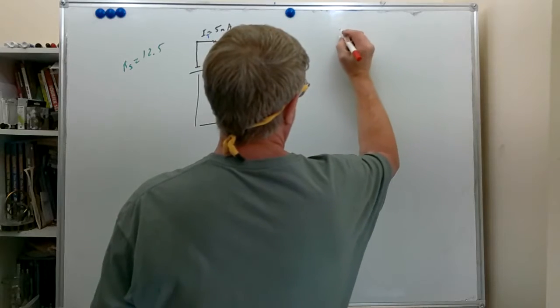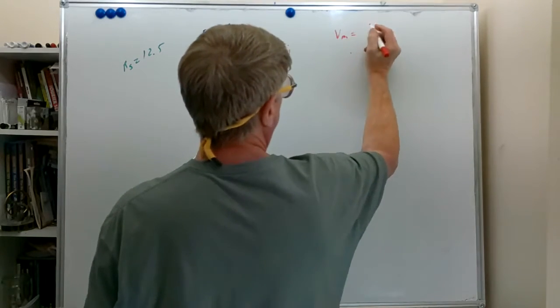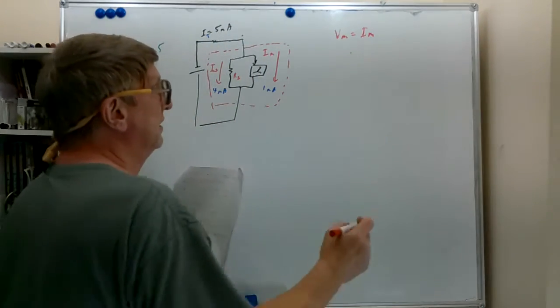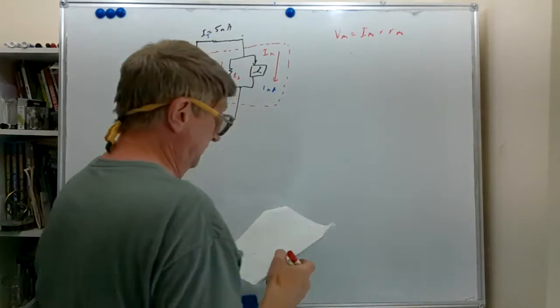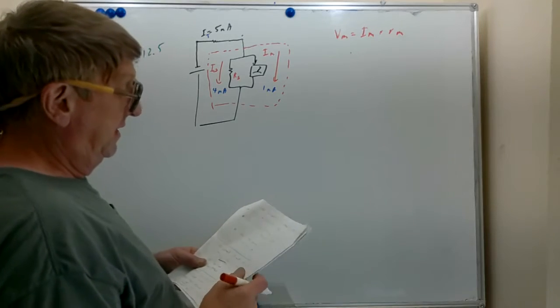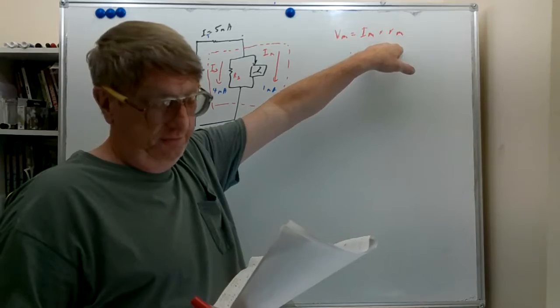So we had the voltage of the meter, VM, equal to IM, the full scale current of the meter, times RM, the resistance of the meter. That was just our voltage equals current times resistance.